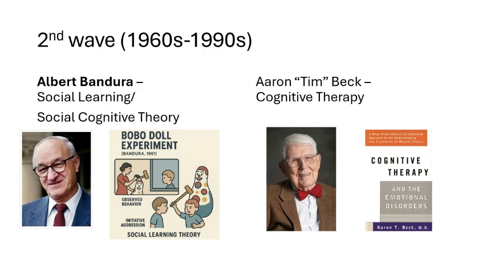And the other key figure from this time is Aaron or Tim Beck with cognitive therapy, and really again a reaction to the psychoanalytic training of psychiatrists in the 50s. Beck observes that there are these very key, consistent depressogenic thoughts, thoughts associated with folks that are depressed, and they tend to organize into this cognitive triad about the world being bad, I'm bad, the future's bad, right?